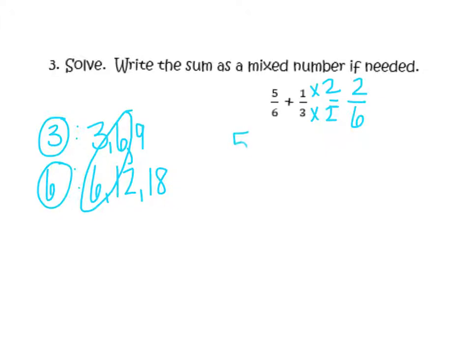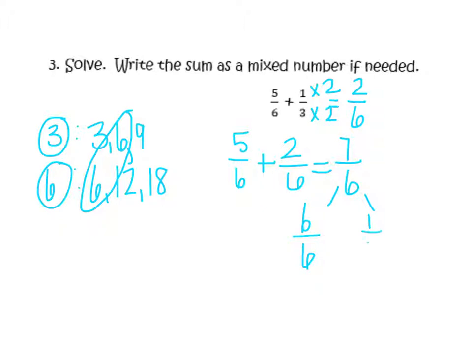So now I have 5/6 plus 2/6, which equals 7/6. Now, since this is an improper fraction, I need to change it into a mixed number. So I can pull out 6/6, which is equal to 1 whole, and have 1/6 left over. So now my answer is 1 1/6.